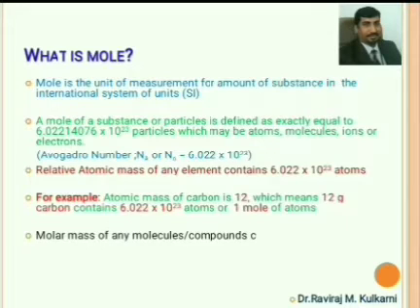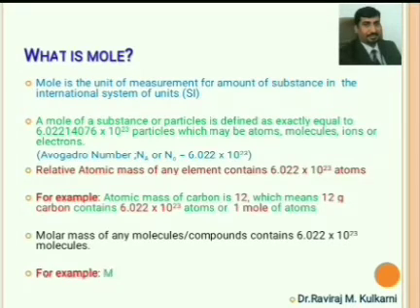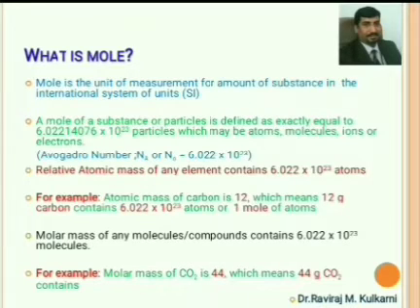Molar mass of any molecule or compound contains 6.022 x 10^23 molecules. For example, molar mass of carbon dioxide is 44, which means 44 gram of carbon dioxide contains 6.022 x 10^23 molecules or 1 mole of molecules.